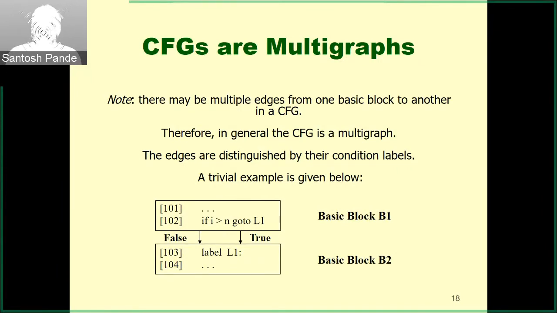This is not any general graph. This is really a graph which is carrying some information with it. So for example, if it's a false edge versus a true edge, there are different outcomes of the predicate which are being indicated by those edges.